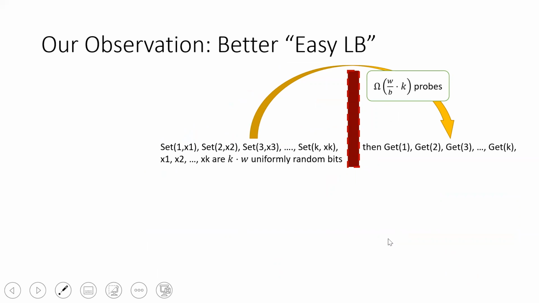Our key observation is here. In the easy lower bound, we said each logical operation, each logical get, has to perform roughly W over B probes. But when B is much greater than W, this cost looks just too good to be true.